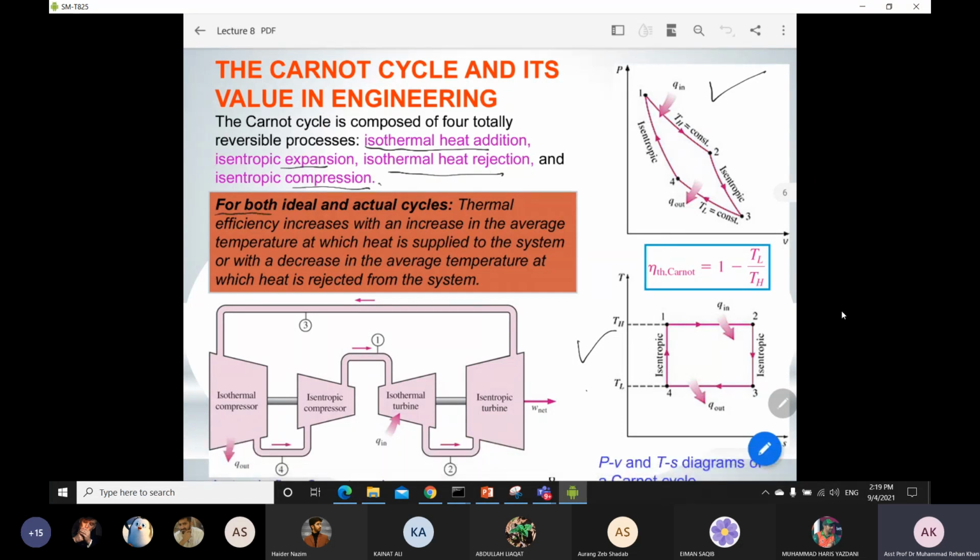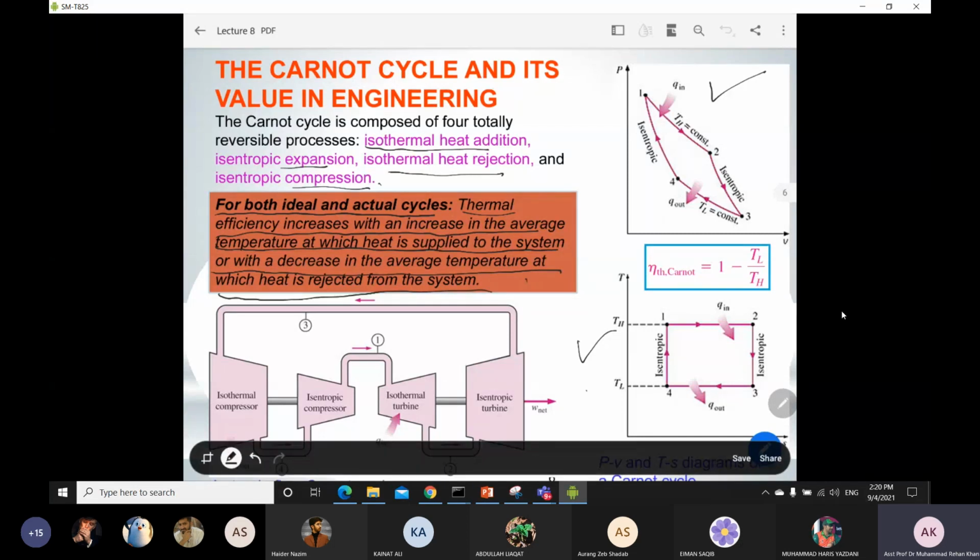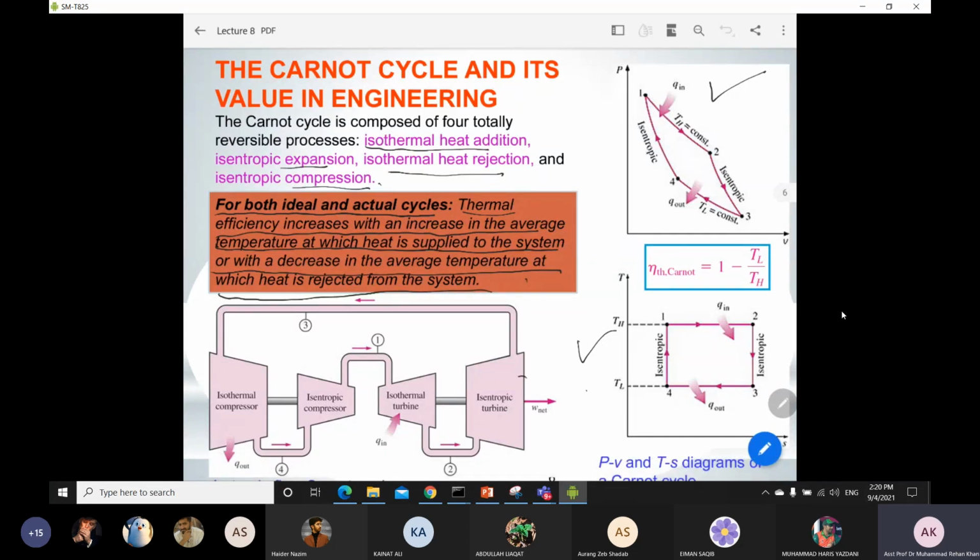Again, for both ideal and actual cycles, the thermal efficiency increases with an increase in the average temperature at which heat is supplied to the system, or with a decrease in the average temperature at which heat is rejected. And if you have to draw the systematic diagram for your Carnot cycle, you can say that it is composed of two compressors, one isothermal compressor and one isentropic compressor, and two turbines.